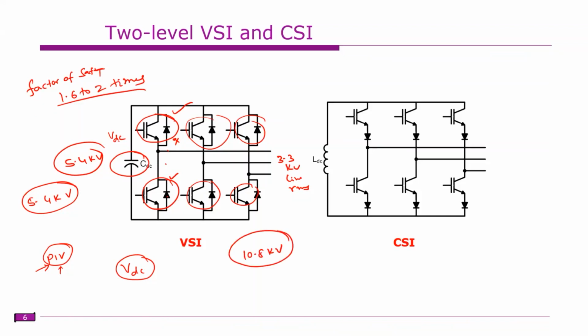If you consider 1.6, it will be roughly 8.6 kilovolts. So the switch must withstand somewhere between 8.6 kilovolts and 10.8 kilovolts. Such a switch you need to select.